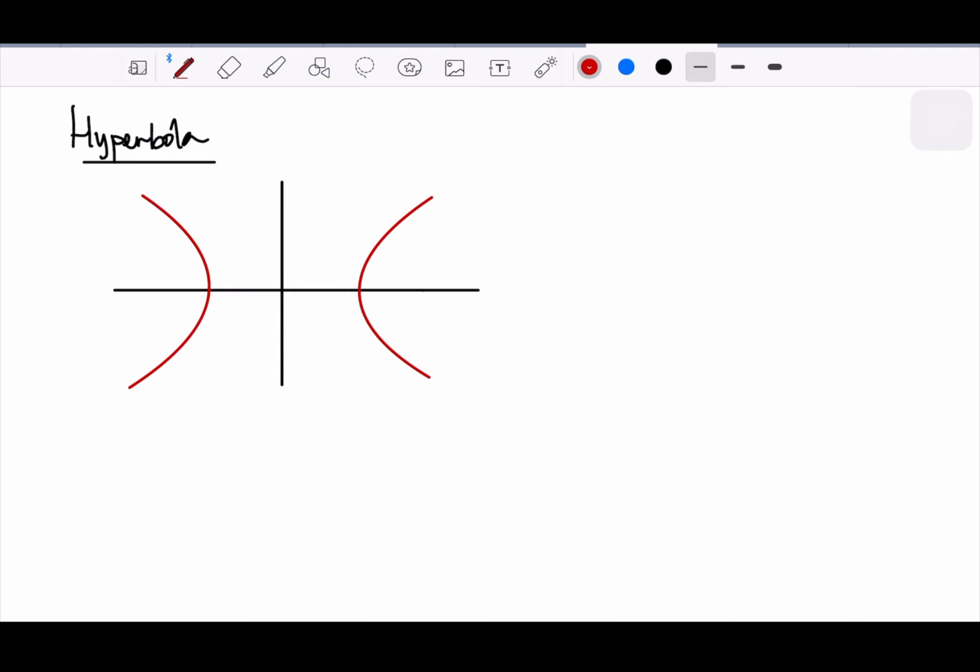Hyperbola should be more, the curve is not really curvy. But let's say that this is the hyperbola. Or let me just draw it more clearly. It's more like having it like that.